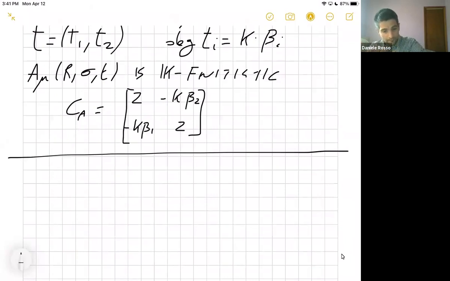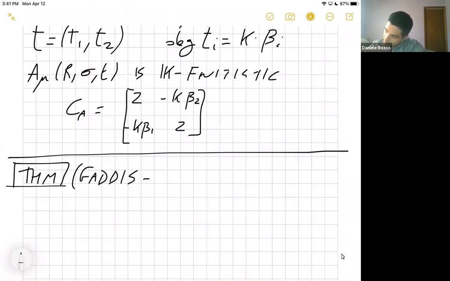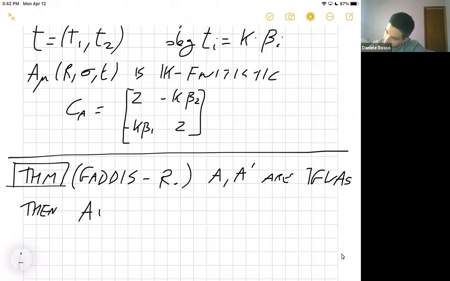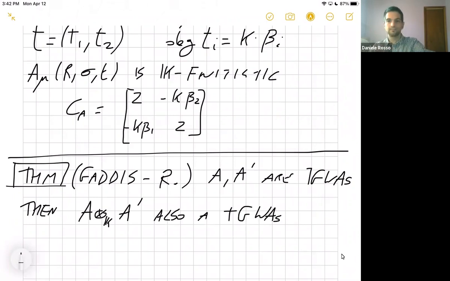All right. So I guess one accessory result that we have in this work with Jonas is about tensor products. If A and A prime are TGWAs, then A tensor over K with A prime is also a TGWA. This was something that was expected from before, but no one had really written it down.